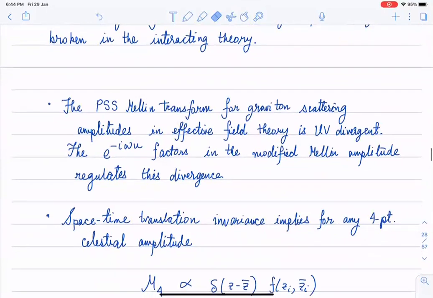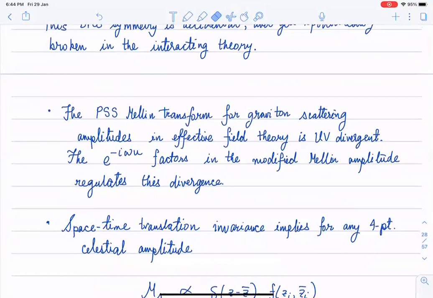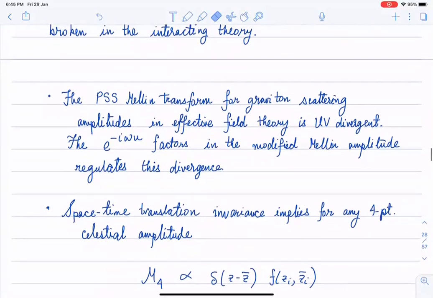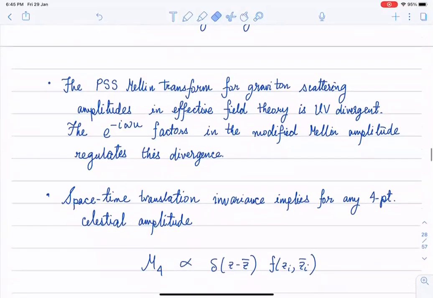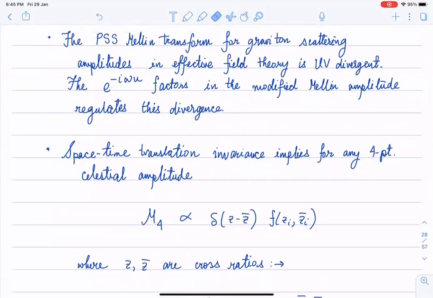It turns out that this Mellin transform is UV divergent, but this modified Mellin amplitude, which contains this exponential e to the power minus i omega u factor, regulates this divergence, and then using this modified Mellin basis you get some meaningful answers.